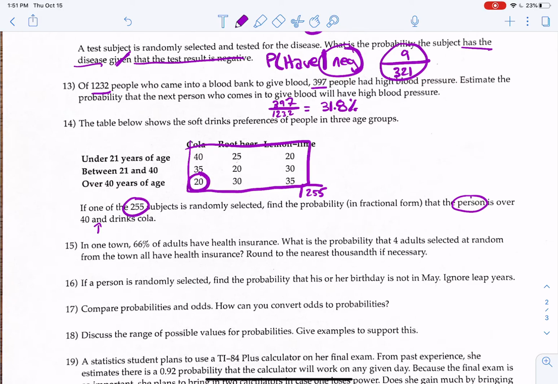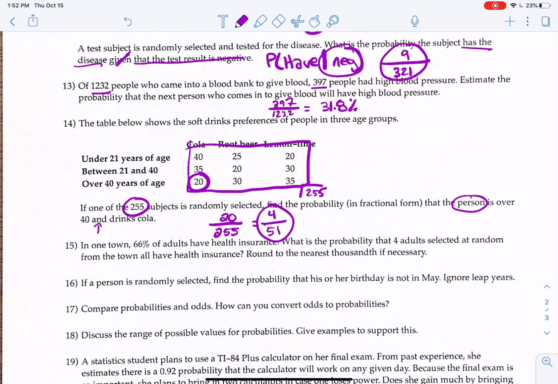That would be these 20 right here, where those two things cross each other. So I have 20 people that are over 40 and drink cola out of a total of 255. They want us to leave it in fractional form, but I can divide both of those by 5. 20 divided by 5 is 4, and 255 divided by 5 is 51. So 4 out of 51. That's my chances.